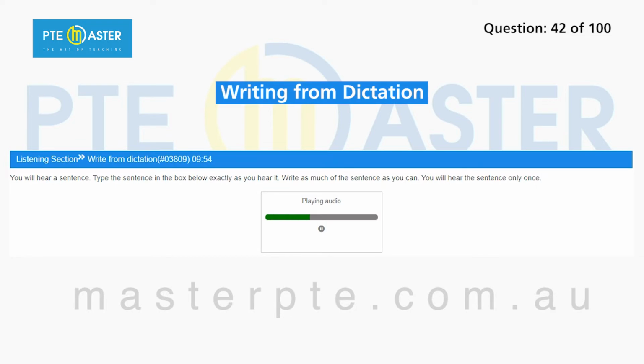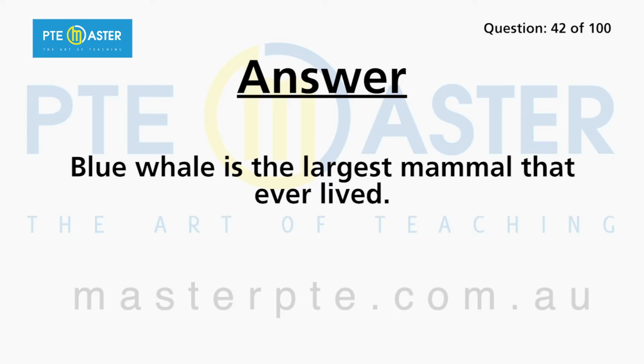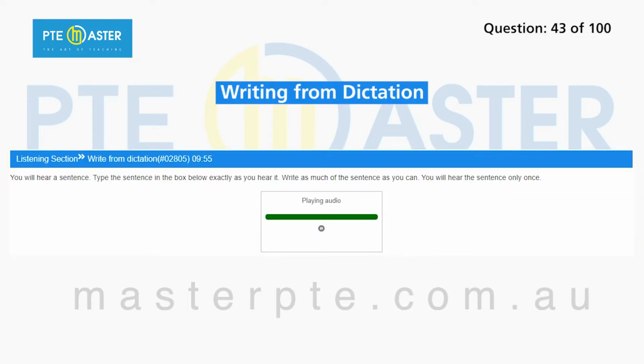Blue whale is the largest mammal that ever lived. His appointment as culture minister was seen as demotion.